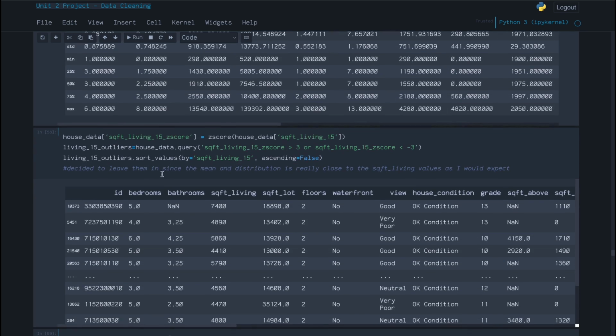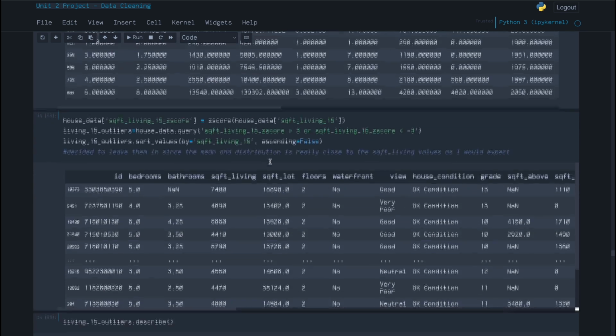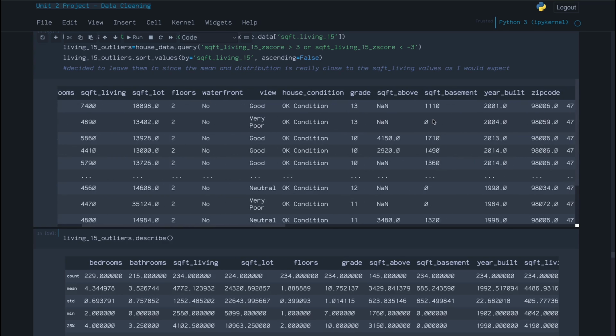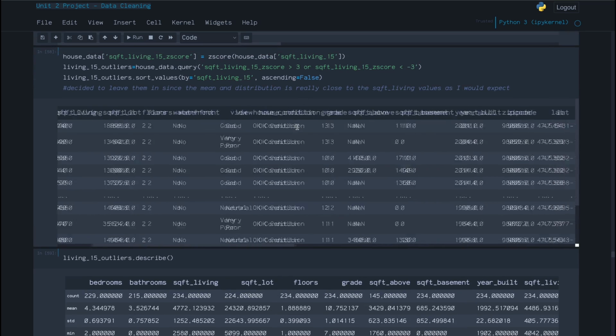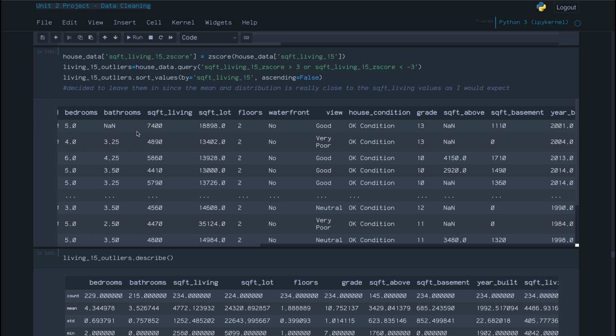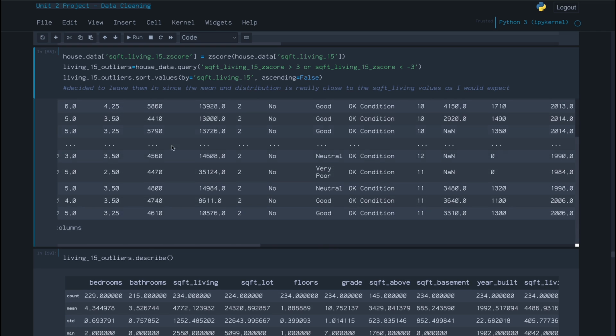Square foot living, I decided to leave that in because it was pretty close. It was pretty close for the square foot living 15. It was pretty close to the median, and I always noticed that it was pretty close to the actual square foot living of the house. So I guess the 15 houses around you would have a similar size, so I just kept these.